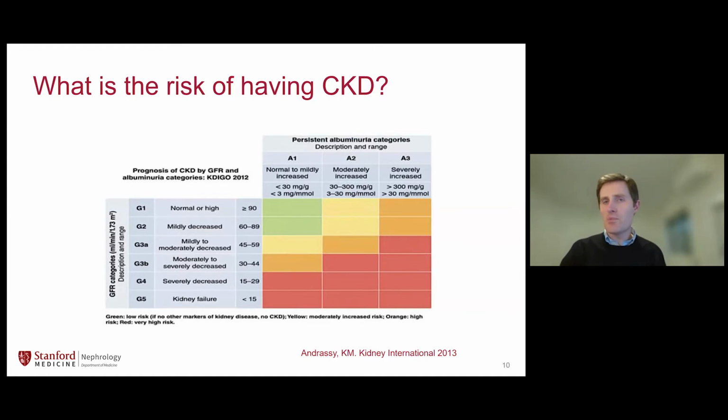Certainly doesn't mean you're going to progress to the later stages. But you can see that if your GFR is in the 50s and you have albuminuria, all of a sudden it becomes a much more significant diagnosis. I show this chart so that folks can understand how we use both the blood tests and the urine test to understand risk.